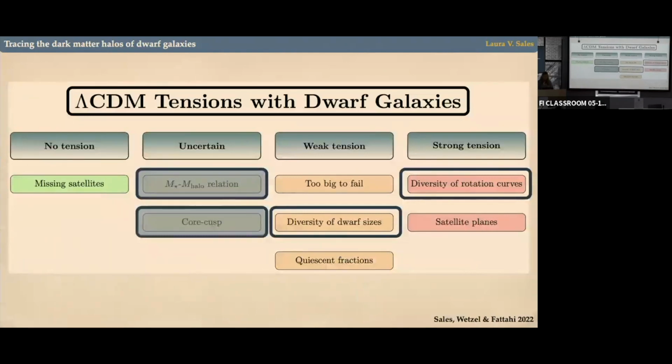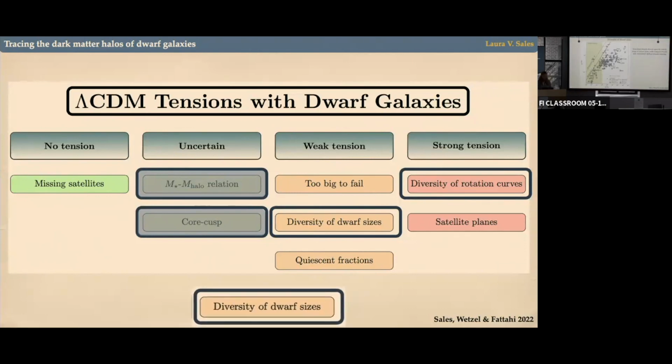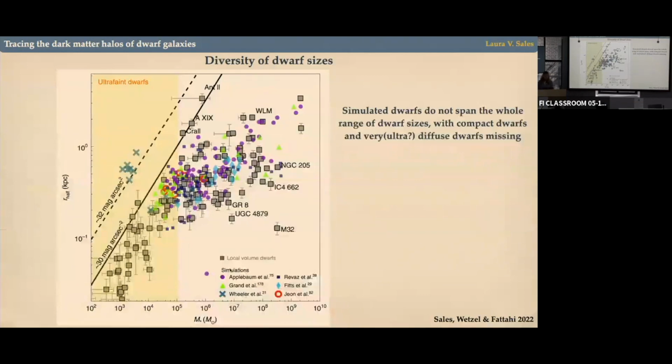Okay, so moving on to things that are coded here as perhaps more and more puzzling tensions with lambda CDM. I wanted to pick a little bit on the diversity of dwarf sizes. What I mean by that is, for example, if you put stellar mass versus size, characterized as the radius enclosing half the mass or the light of your dwarfs, what you see is simulations in colored symbols.